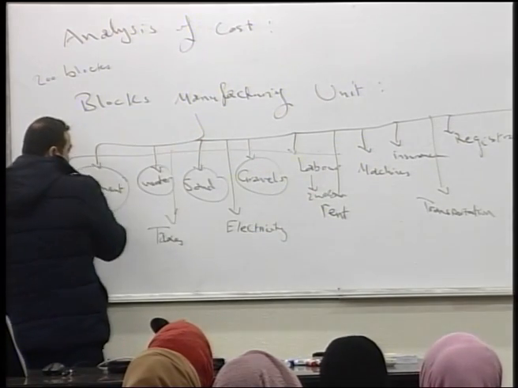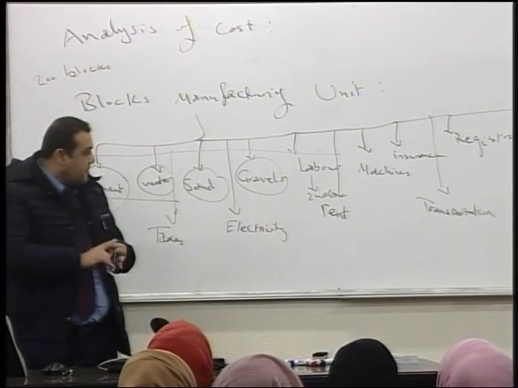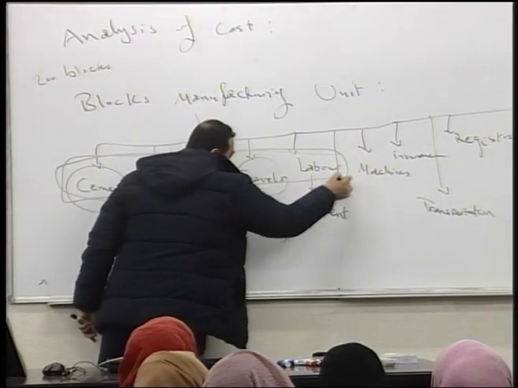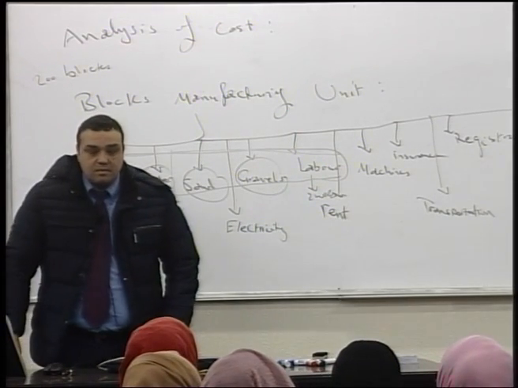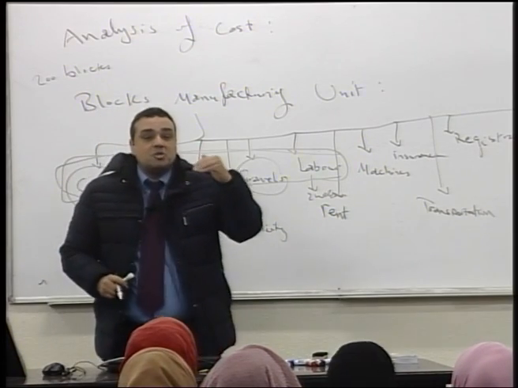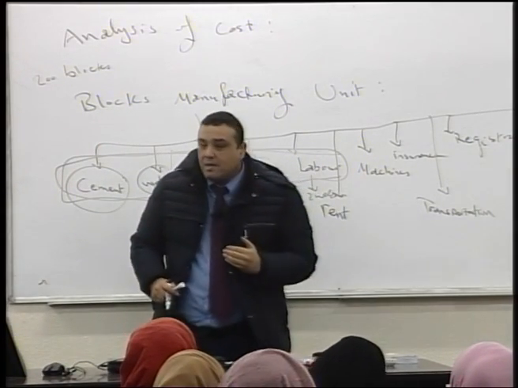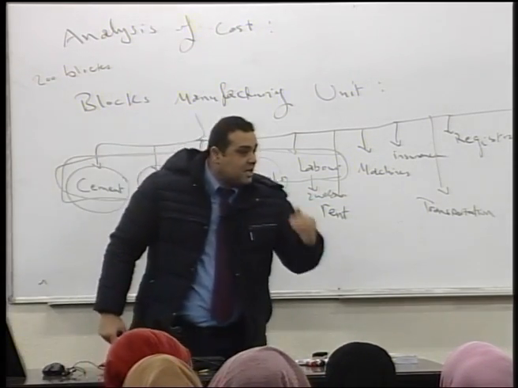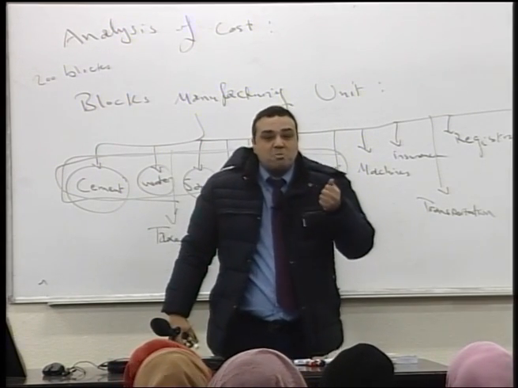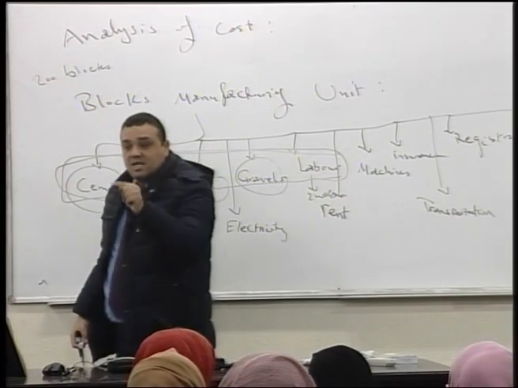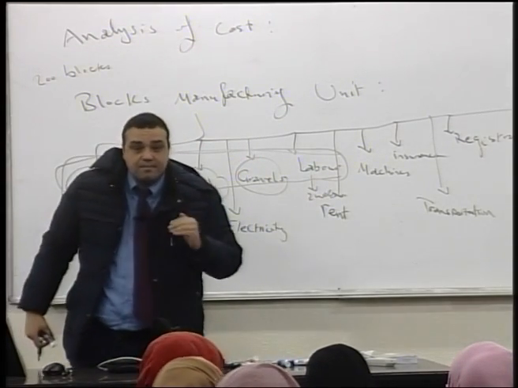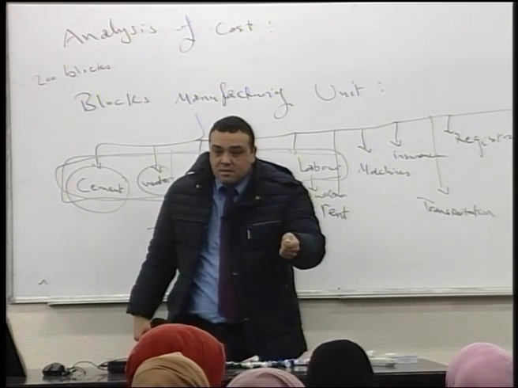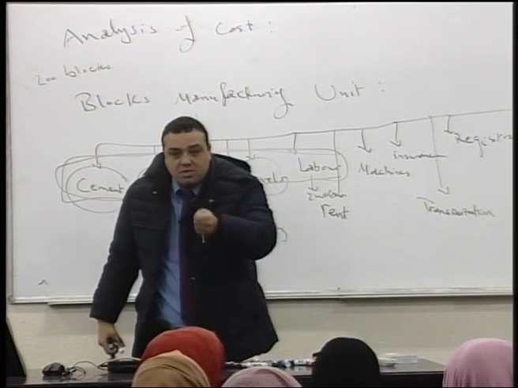Are these costs, cement, water, sand, gravels, and the human resources, variable or fixed? If we need to produce additional units of blocks, we need more cement, more gravels, more sand, which means these costs are variable, changeable. When we want to produce more, we need more cement, more water, more electricity.